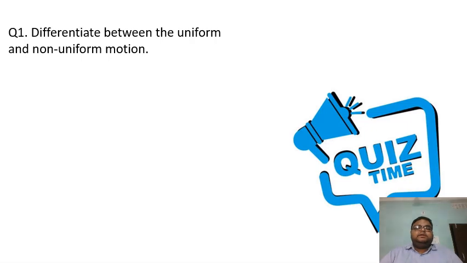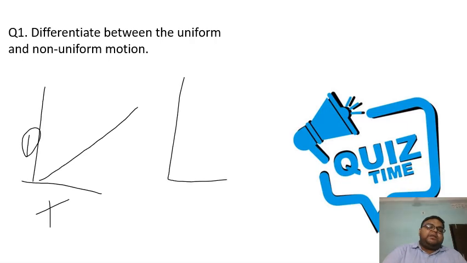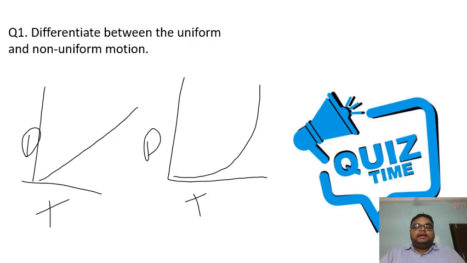So when we look at the distance time graph for the uniform motion, it will be a straight line, but the distance time graph for the non-uniform motion will not be a straight line. So these are some of the differences between the uniform and the non-uniform motion.